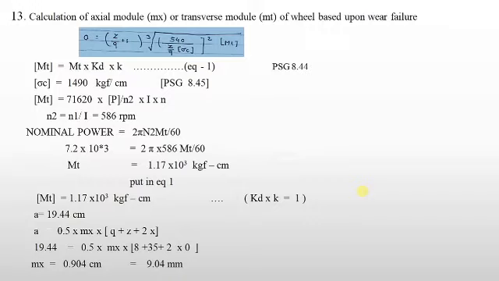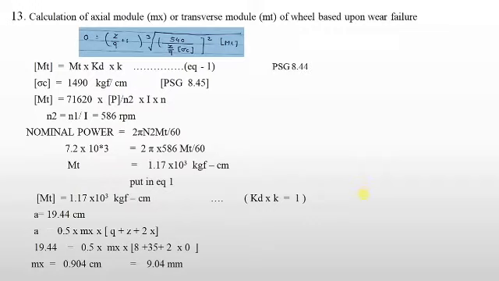From PSG 8.43, we calculate the axial module. The formula is A is equal to 0.5 into mx bracket diameter coefficient, that is Q, plus Z plus 2 into x.